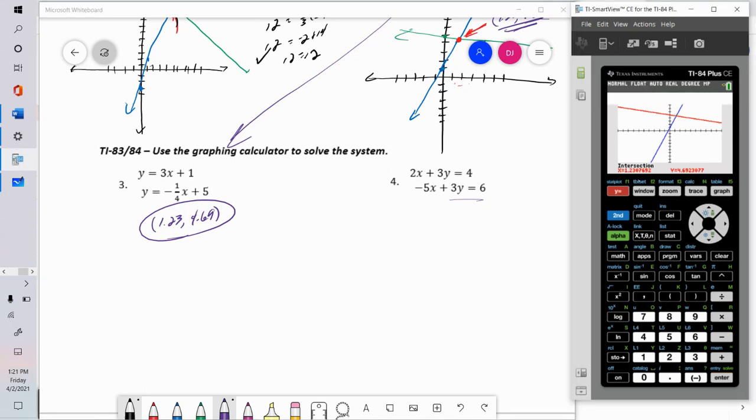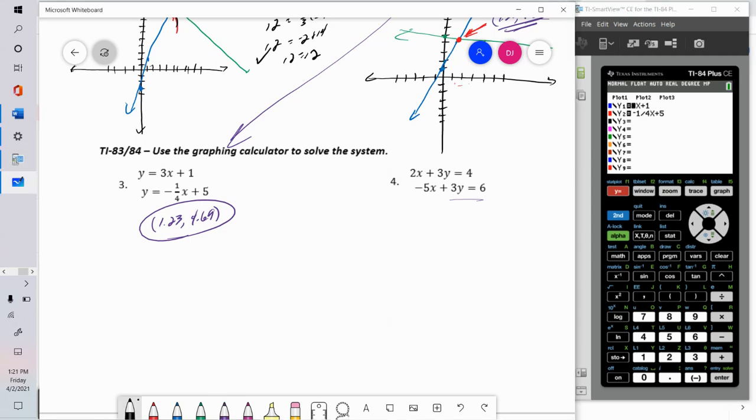In my graphing calculator, I need to put in y1 equals and y2 equals. So in number 4, if I'm going to solve this system by graphing, what I'm going to need to do is take the 2x plus 3y equals 4 and solve that for y.